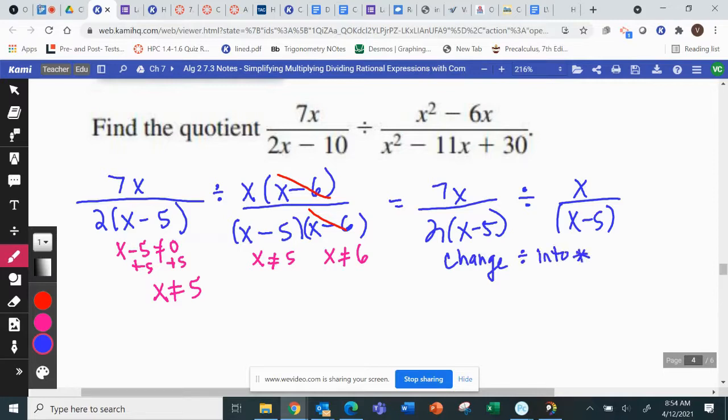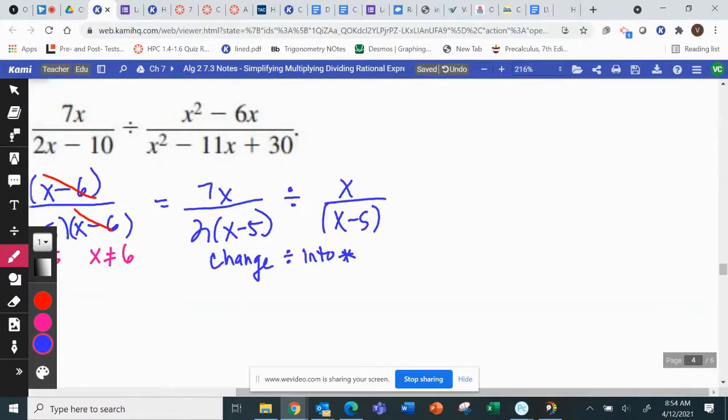So instead of dividing by a number, I'm going to multiply by its reciprocal. So I'm going to have 7x over 2 times x minus 5 multiplied by, now I reciprocate the second one. We always reciprocate the second one. If you reciprocate the other one, you're going to get it wrong.